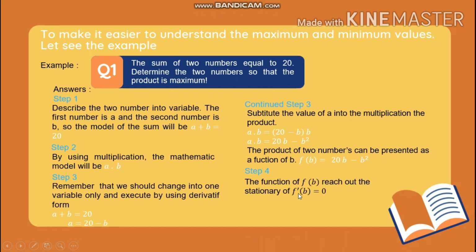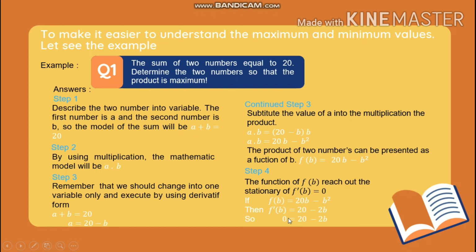Step 4. The function of B reach out the stationary of the derivative of function B equal to 0. If the function of B equal to 20B minus B squared, then the derivative of B equal to 20 minus 2B.